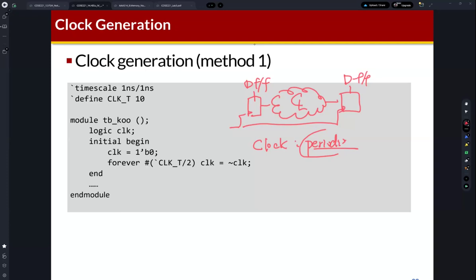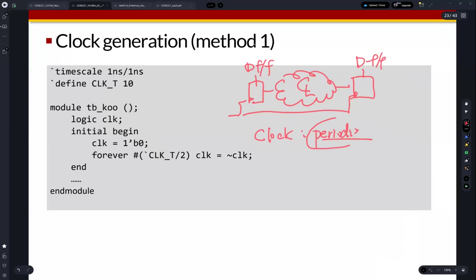So this is the clock signal. So in the clock signal, 1 and 0, this signal is replicated, and then the time period, the time gap between the rising edge of clock and the next rising edge of clock, this time is defined as the clock period.